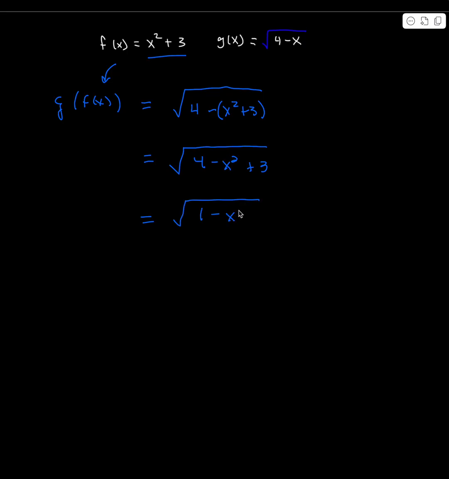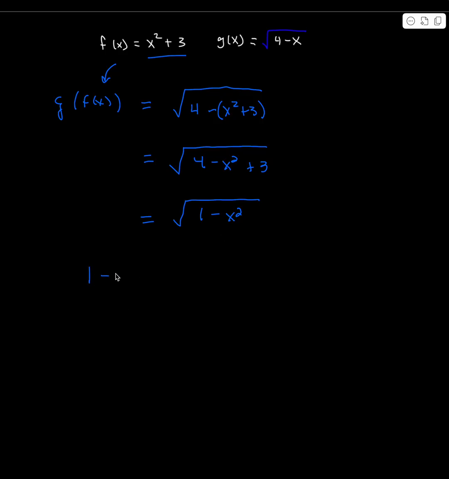x squared. Now we got to check this out because there's a minus in front of that x squared, and if we plug in an x, it could turn out being negative, right? You might be able to look at it and figure out what we can do, but let's go ahead and work with it.